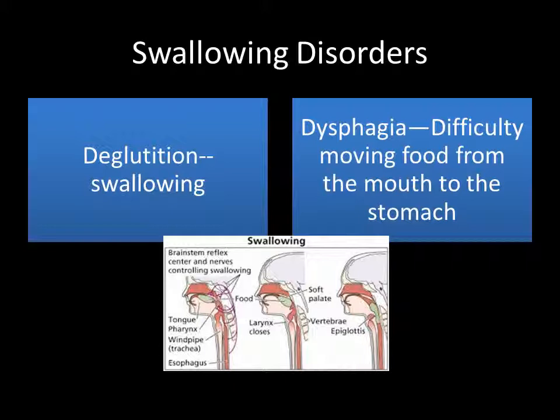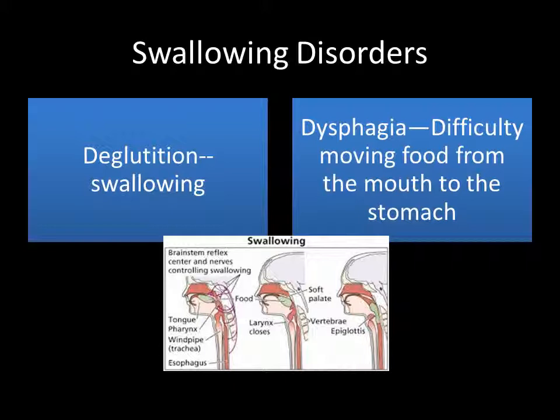So if you remember that picture of the larynx that we have seen in your other slides and other PowerPoint presentations, that epiglottis flips down and covers the vocal folds so that food cannot go into your lungs. The food goes over so that it can go into your esophagus.